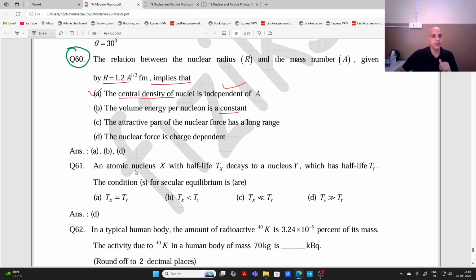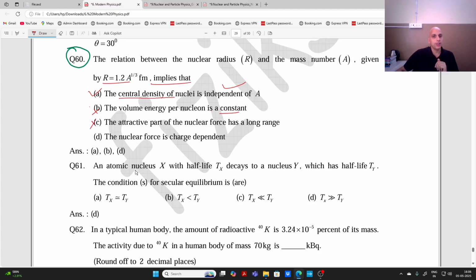The attractive part of the nuclear force has a long range. Again I think it is wrong, because although the attractive part has a larger range compared to the repulsive part, we can't say that it has a long range. So it is again wrong.